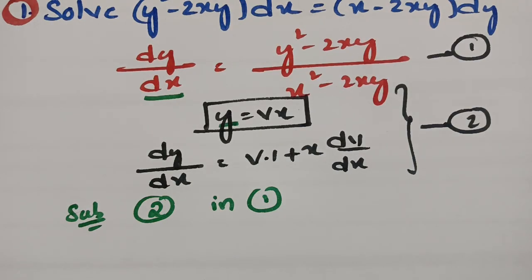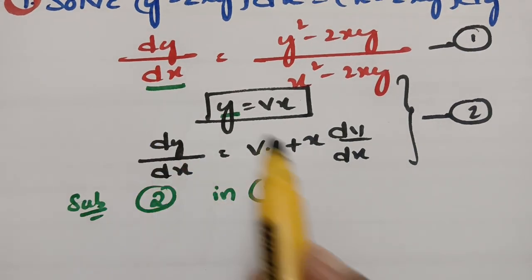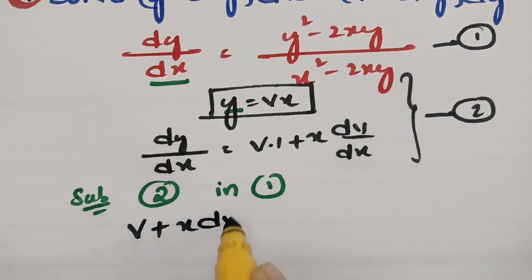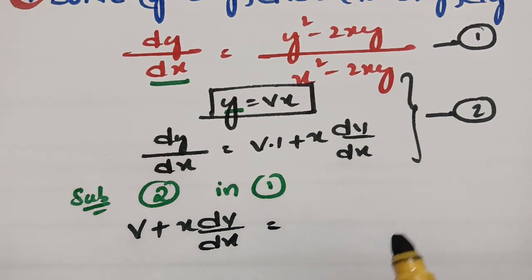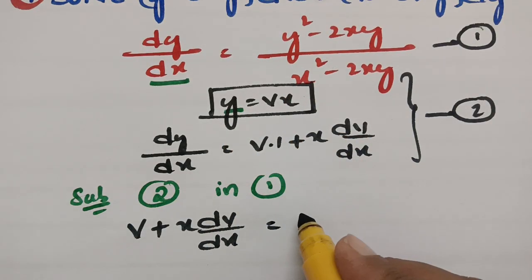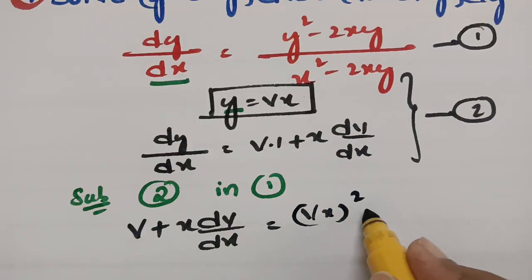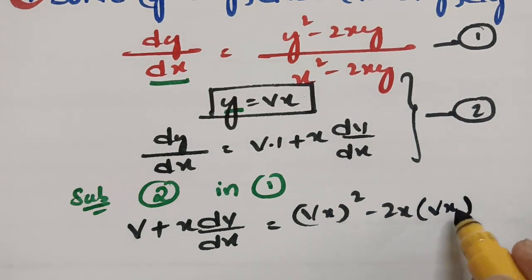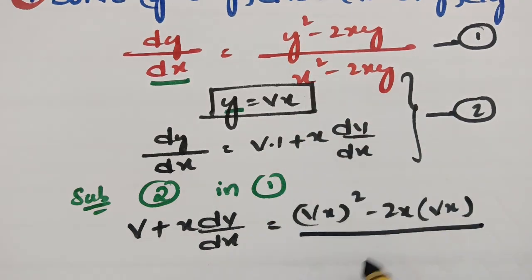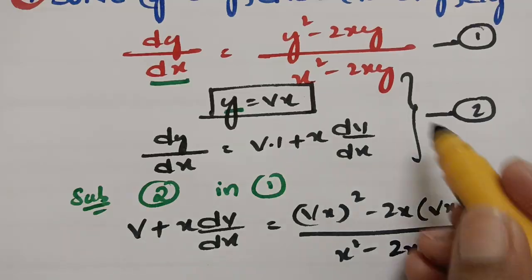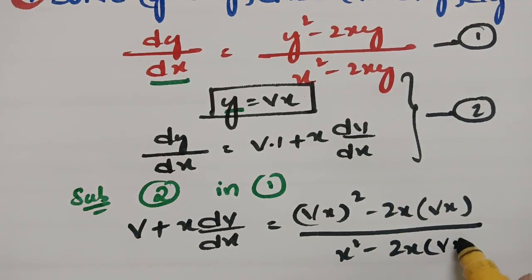So in equation 1, in place of dy by dx, I am writing v plus x into dv by dx, which is equal to, in place of y, vx. So this is (vx) whole squared minus 2x into vx, divided by x squared minus 2x into vx.